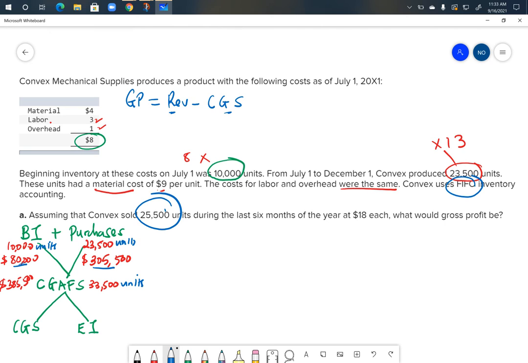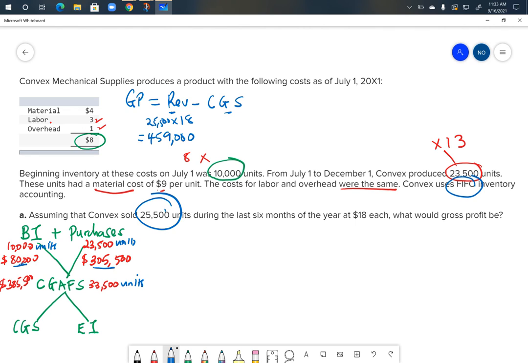Our revenue is the 25,500 units we sold at $18. So 25,500 times $18 is $459,000, the proceeds from the sale of the units. But what is our cost of goods sold?